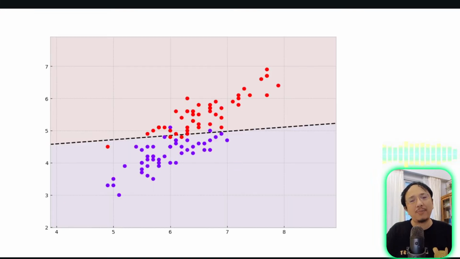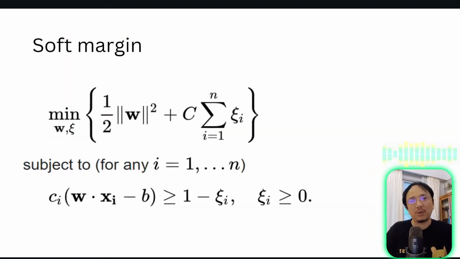And this happens very frequently, because you can see that this is the iris dataset we discussed in the last lecture, and this is one of the simple training data. So what happens if they are not separable? One way to handle that is what we call the soft margin.